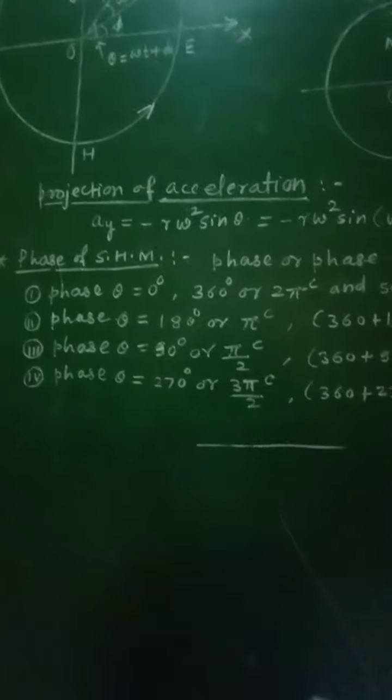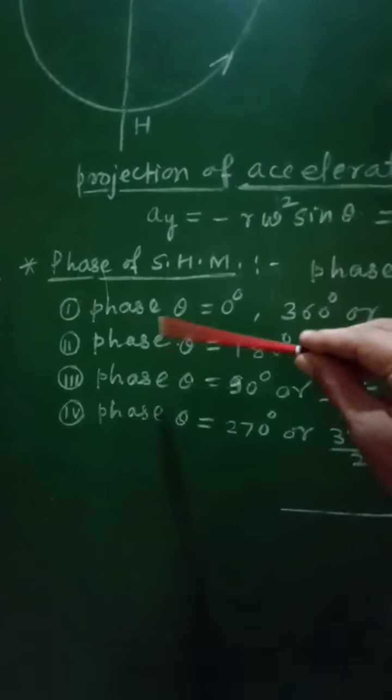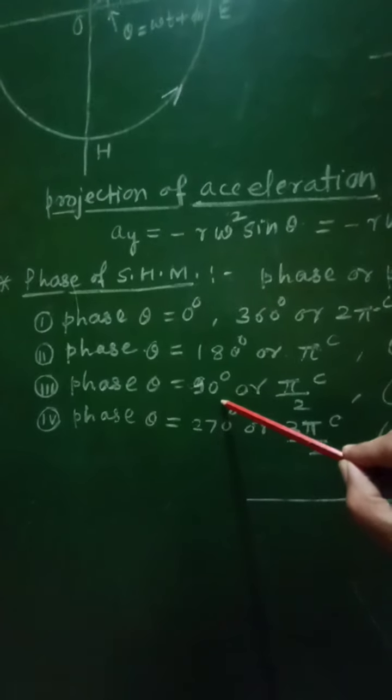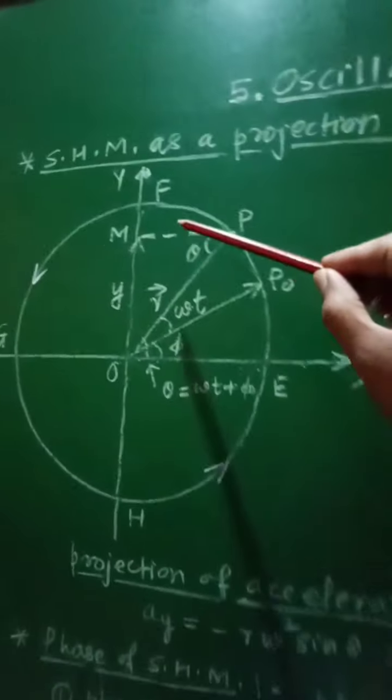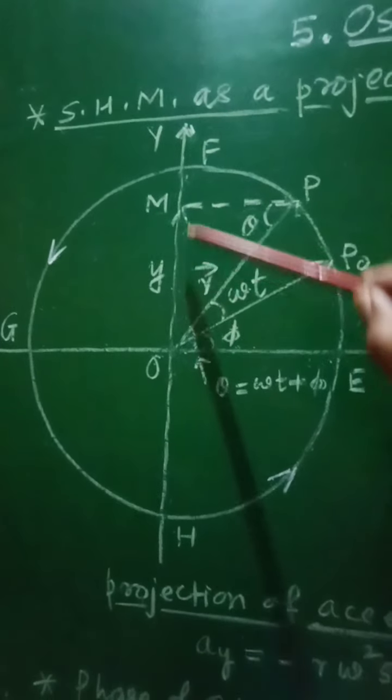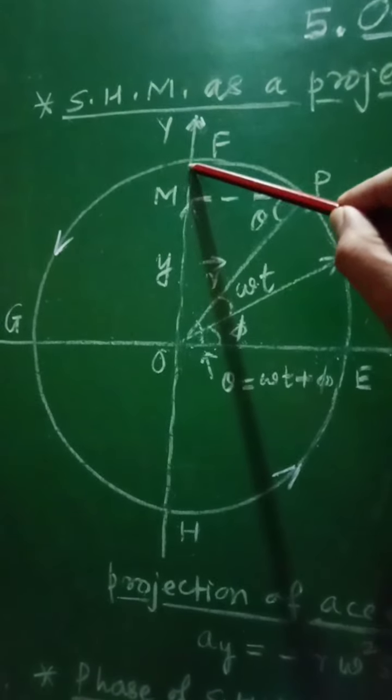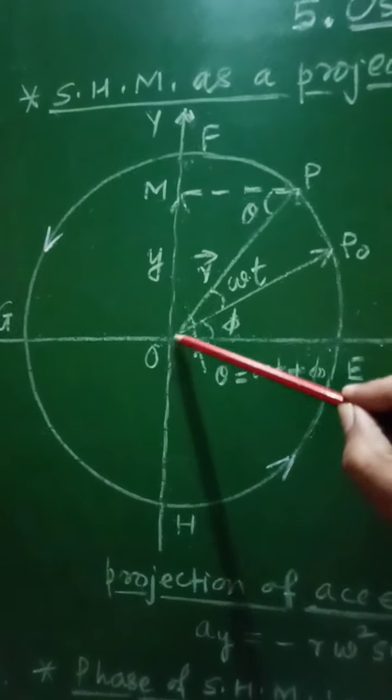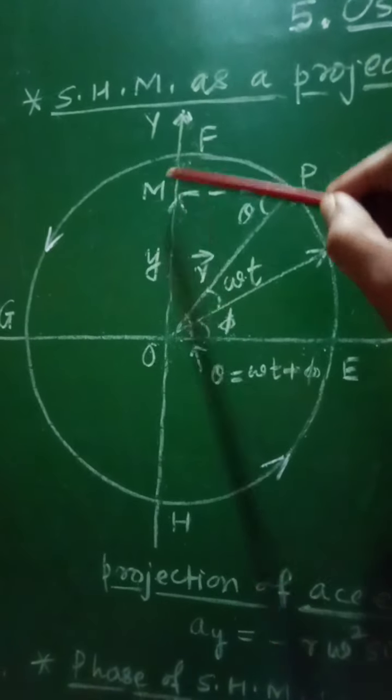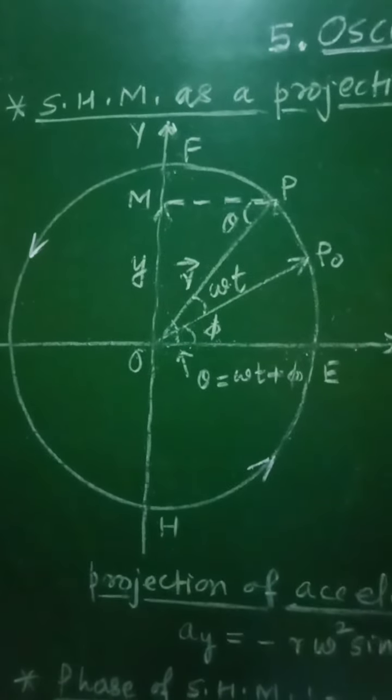Now let us consider the third case when phase theta is equal to 90 degree. When phase theta is equal to 90 degree, the particle will be at point F. This will represent the extreme position.